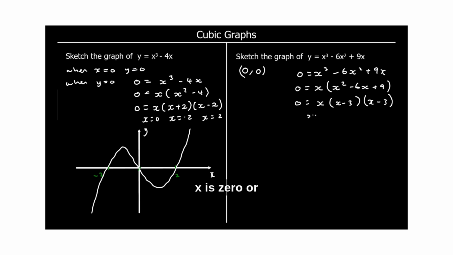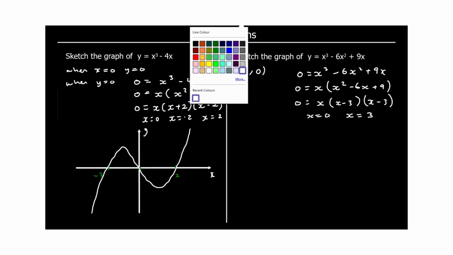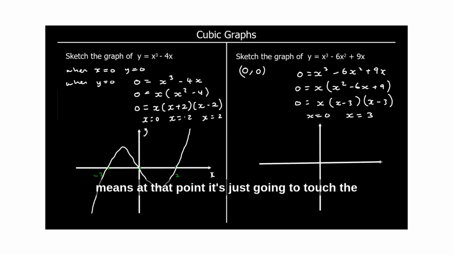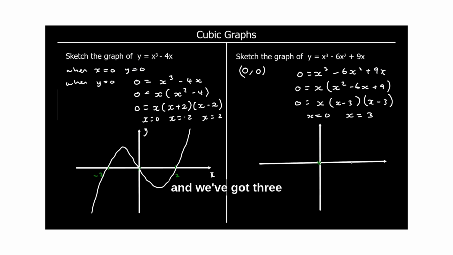So x is 0 or x is 3. For both of these brackets, x is 3. That's a repeated root. So that means at that point, it's just going to touch the x-axis. It's not going to go through it. So we've got 0, 0, and we've got 3.